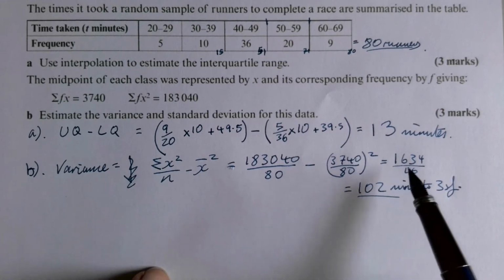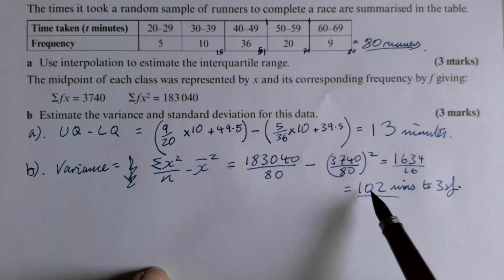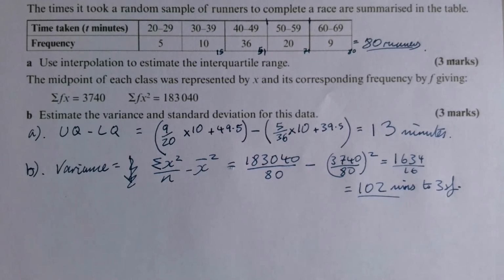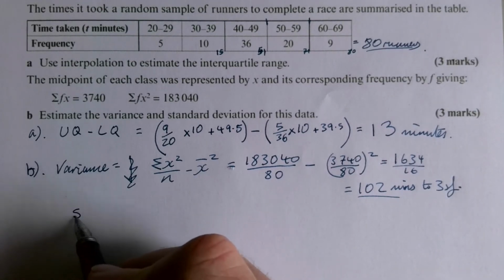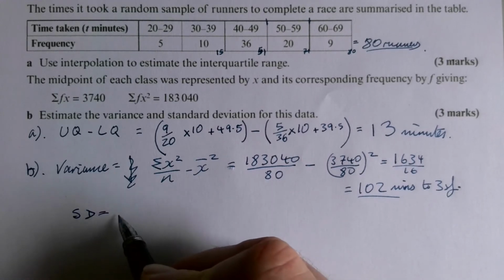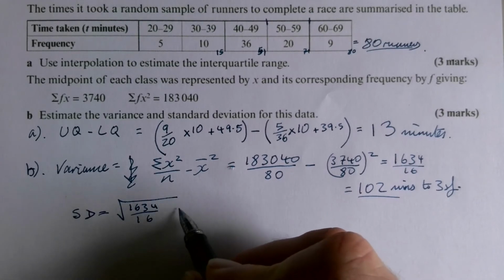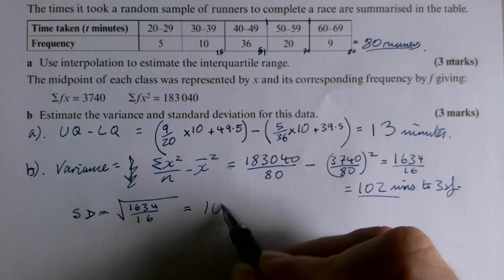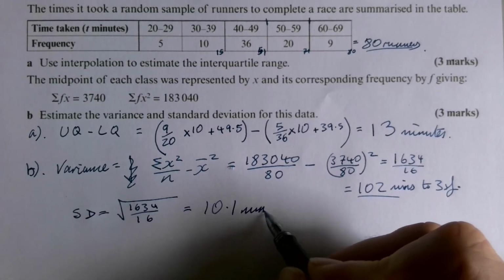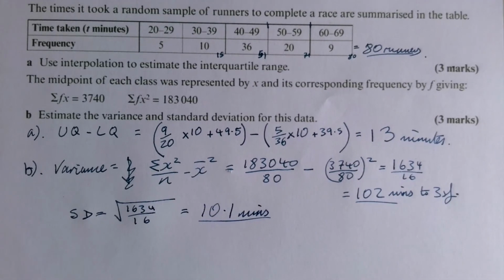Put that all into your calculator, and you should get a fraction like that, which rounded to 3 significant figures is 102. Now, to find the standard deviation, all you need to do is take your 1634 over 16, square root that, and that should give you 10.1 minutes to 3 significant figures.